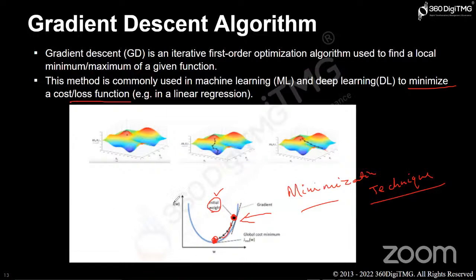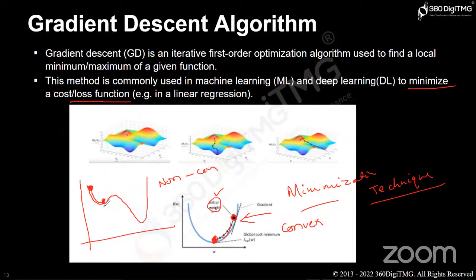Now suppose this is a very simple convex graph, so it will always find this minimum value. This is the global minima or global cost minima. But suppose we have a graph like this, a non-convex graph. Suppose our learner starts here. It will find this minima instead of this one.